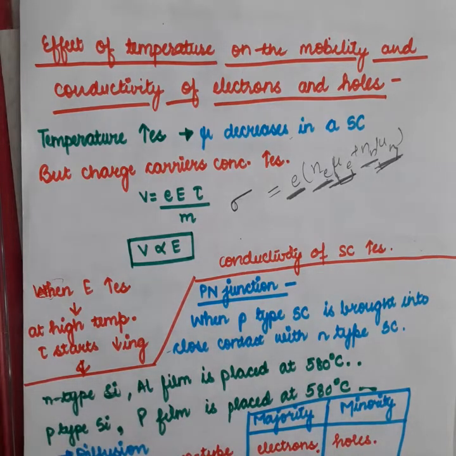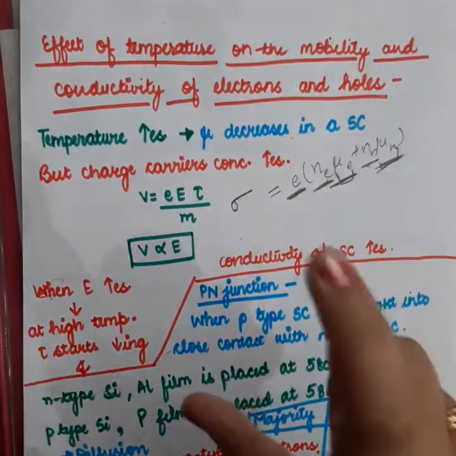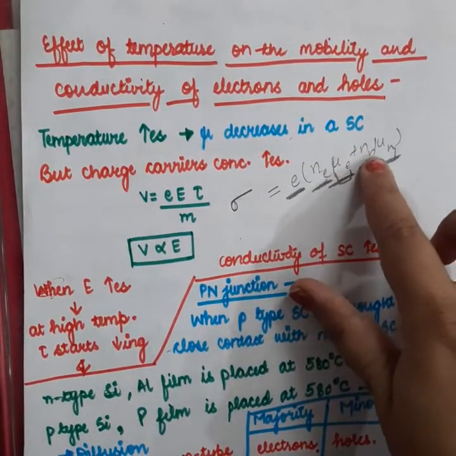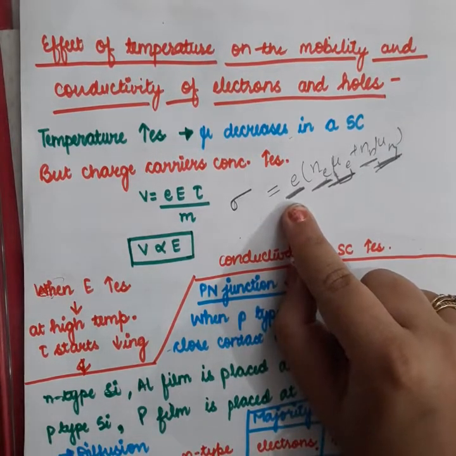In the previous video, we derived an expression for the conductivity of an extrinsic semiconductor. A semiconductor has electrons and holes as its charge carriers, and the conductivity is given by sigma equals e Ne mu e plus NH mu h, where e is the charge on the charge carrier, whether an electron or a hole.